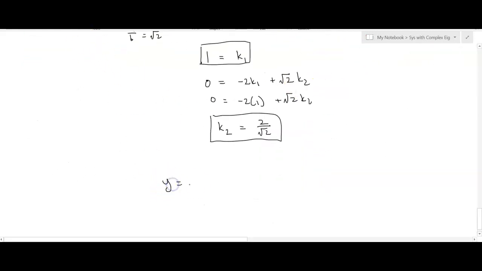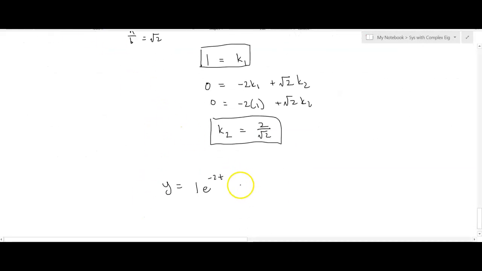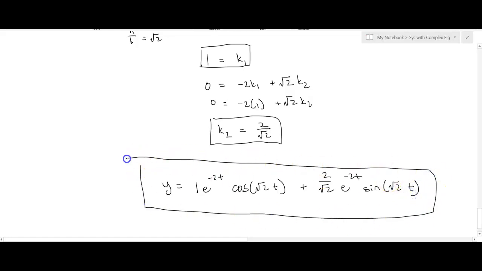So y equals k1 e to the negative 2t cosine of square root of 2t plus 2 over square root 2 e to the negative 2t sine square root of 2t. And there we go. We have solved our spring mass system.